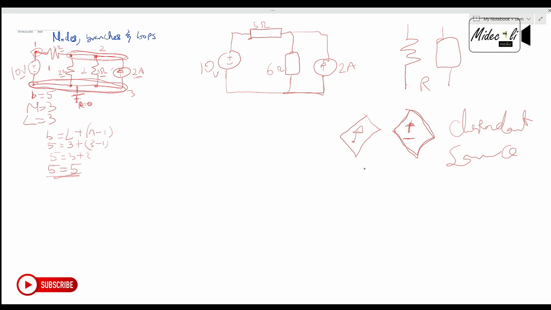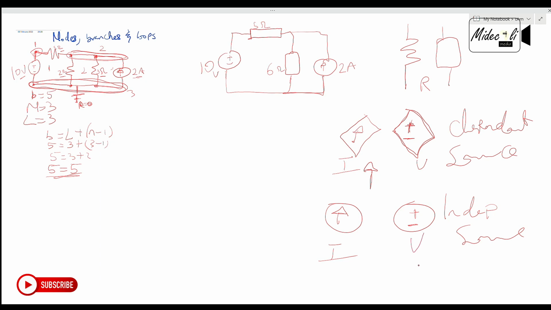Now, whenever you see a circle, this is an independent source. When you see a plus or minus inside, it's voltage, and when you see an arrow, it's current. So when you see arrow, it's current. When you see plus or minus, it's voltage.